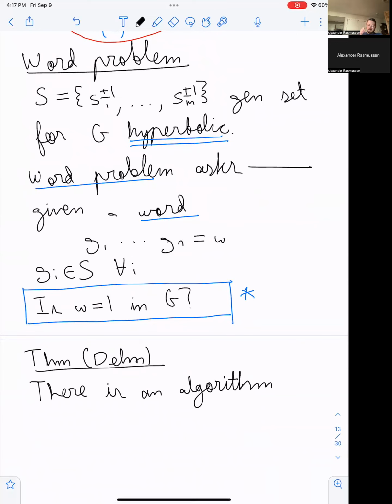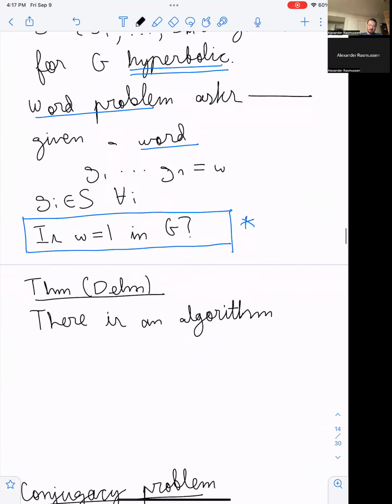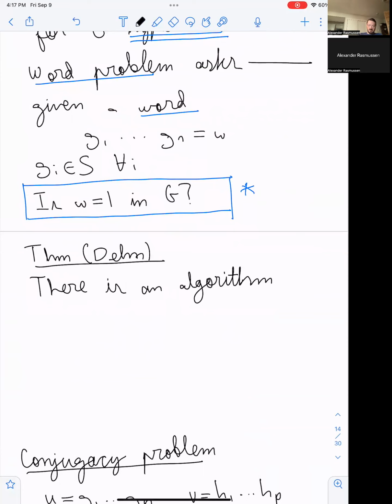Okay, so you need to be able to tell when a group element is trivial or non-trivial. So this was studied actually by Dehn over 100 years ago, and he says there's an algorithm to solve the word problem in our hyperbolic group.